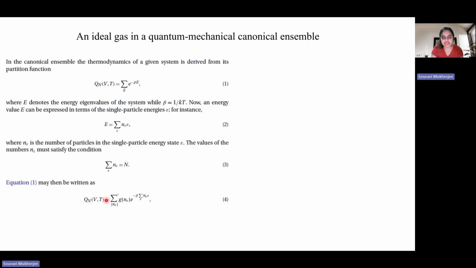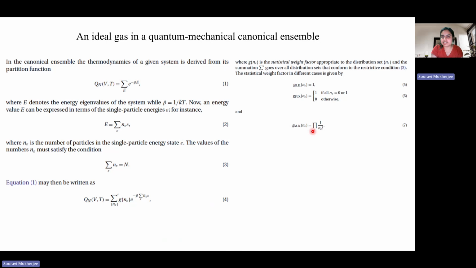So here you can include the summation over different distributions, meaning how you can distribute the particles into different energy levels. So G here is the statistical weight factor, which is appropriate to a certain distribution set, given as n epsilon. And then you do a summation over all such possible distribution sets.